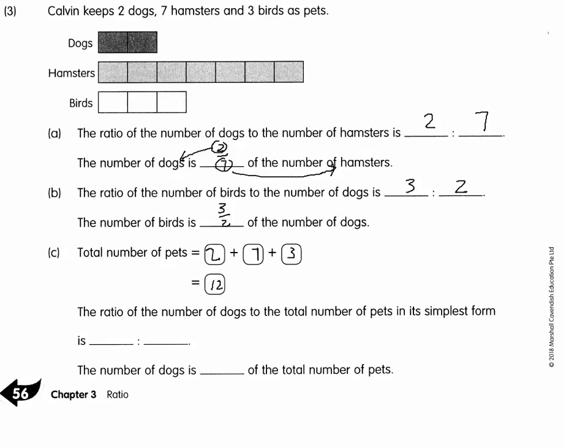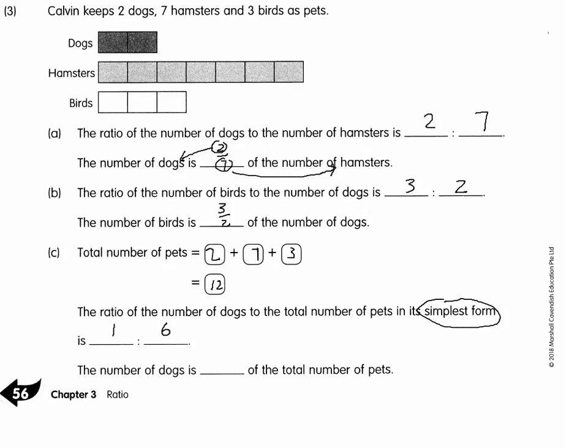And what is the ratio of the number of dogs to the number of pets? Colin Chi? 2 is to 12. But did you read the words simplest form? 1 is to 6. Sometimes the question, even if they never ask you to express it in the simplest form, it's your responsibility to change it to the simplest form yourself during exams.